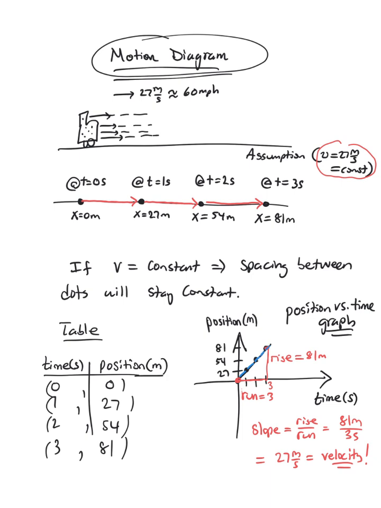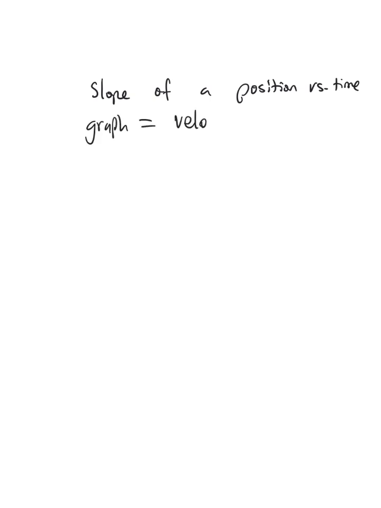So the slope is constant, and since the slope represents velocity, that implies that the velocity is constant, but we already knew that. So, very important, the slope of a position versus time graph is equal to velocity. Or the steepness of a position versus time graph represents velocity. So this is very important.